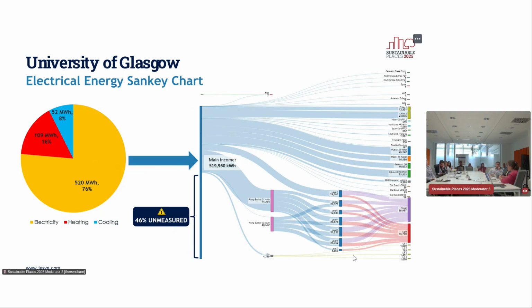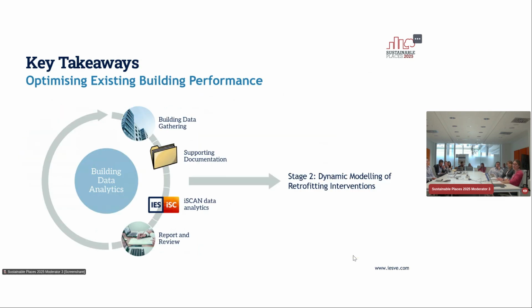So this is the practical work we usually undertake with actual buildings to make sure that the information is good. That is the very first thing: gather the data and supporting documentation, make a critical review of that data, and analyze it in iScan. It is an iterative process, so it can be improved, but this is tying the shoelaces before you start running.